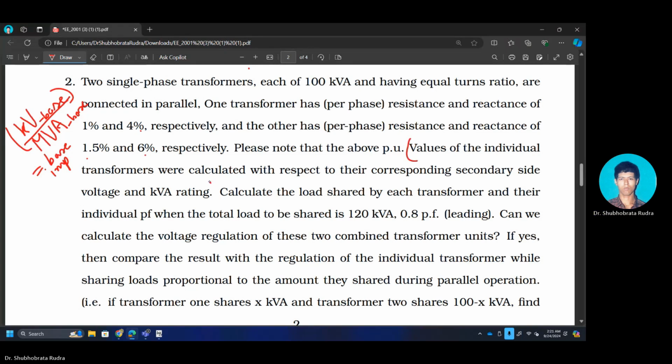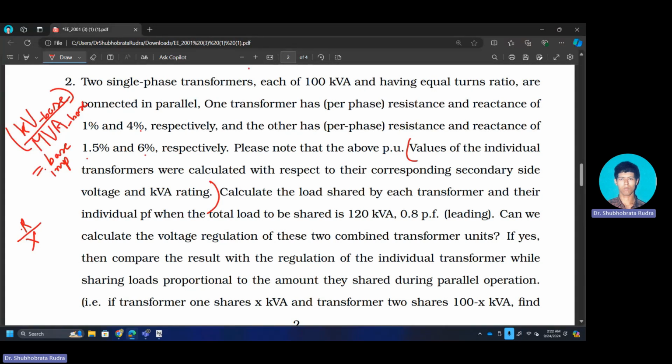Calculate the load shared by each transformer and their individual PF when the total load is 120 kVA, 0.8 PF leading. One thing interesting to note is that both the transformers are having equal R/X ratio. If both the transformers are having equal R/X ratio, then the total kVA will become an algebraic sum of their individual kVA.